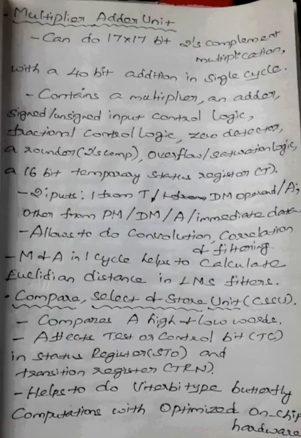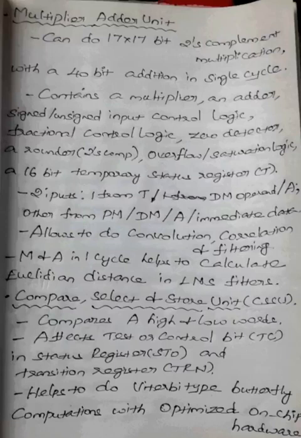The next block is the compare, select and store unit. This CSSU, compare, select and store unit, is used to perform the comparison between the accumulator higher order word and the lower order word. The two 16-bit data, as higher order word and lower order word of the accumulator, can be compared.